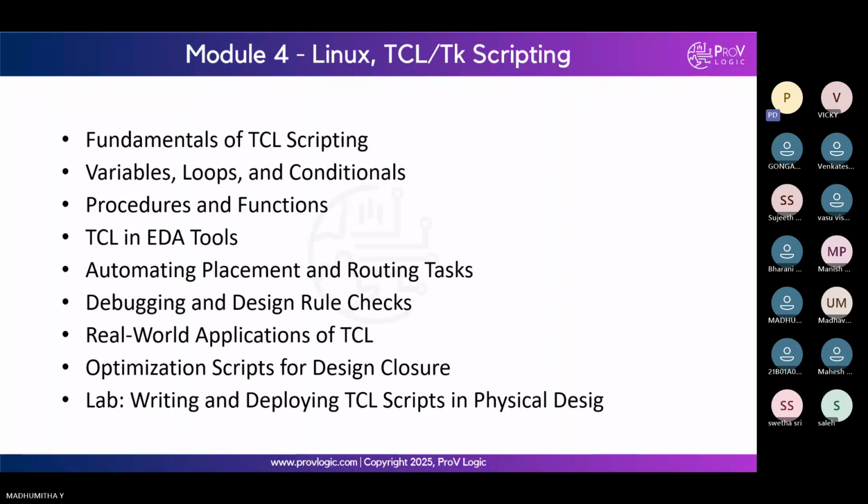To give you some examples of ECO commands: add repeater, insert buffer, ECO change cell. So these are some of the ECO commands.